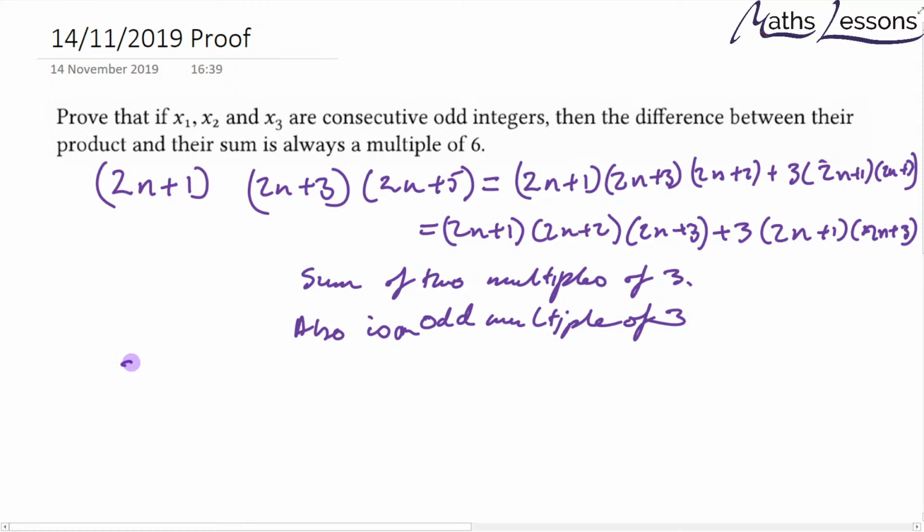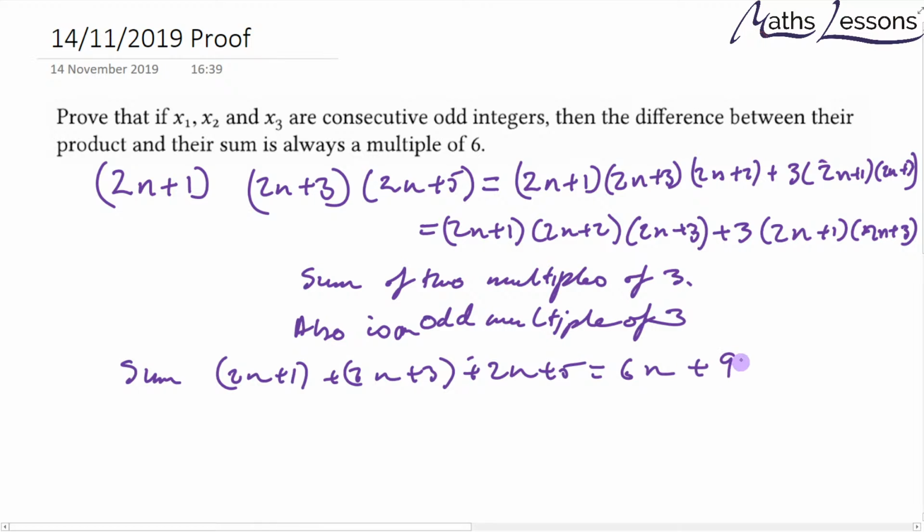Now if we look at the sum of these numbers, we get 2n plus 1 plus 2n plus 3 plus 2n plus 5, we get 6n plus 9. And this is also an odd multiple of 3.